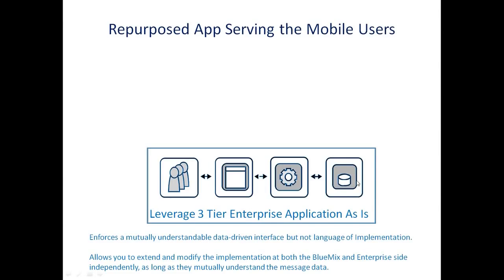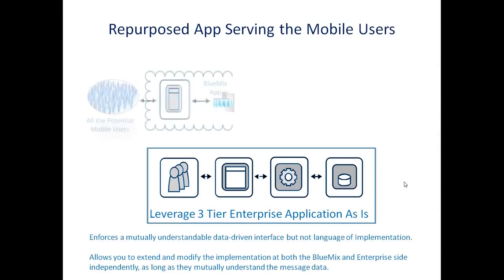Now, this is the typical layout. What we're going to try to do is first have the potential users come via, say, mobile phones and tablets and hit an application over HTTP, most likely into the Bluemix application. Now, the application needs to translate this to a message format.